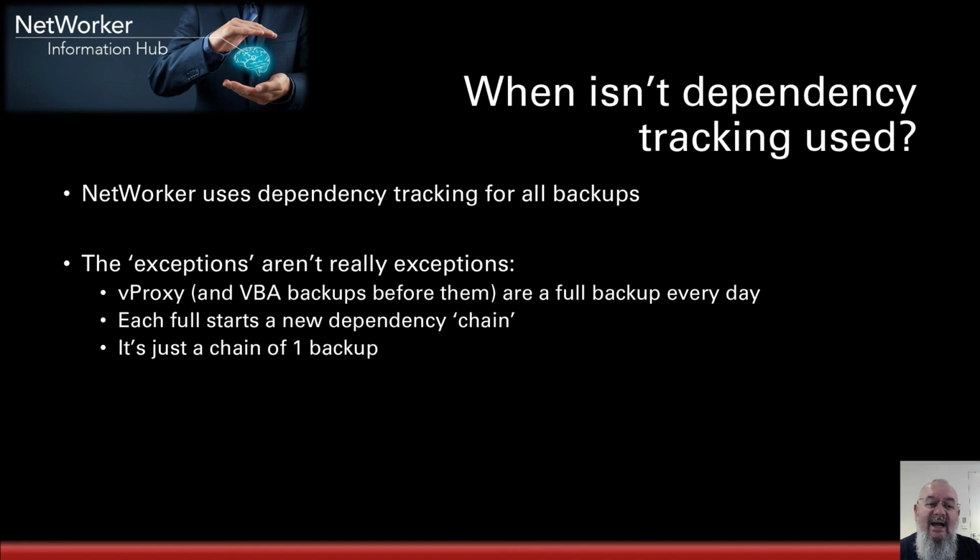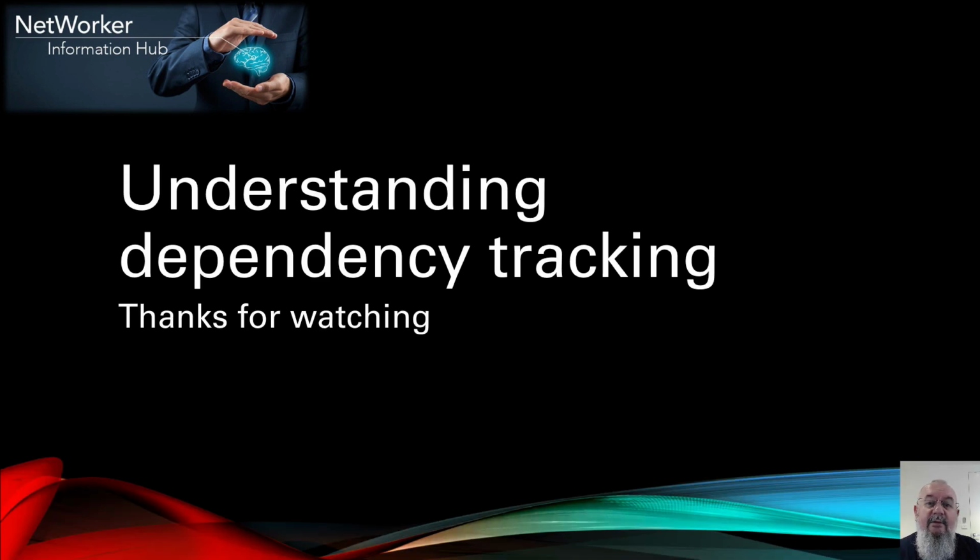Each new full backup starts a new dependency chain. It's just we've only got a dependency chain of 1, and that's why those backups can be expired pretty much as soon as they hit their retention time, because from a NetWorker perspective, there are no dependencies that need to be considered there.